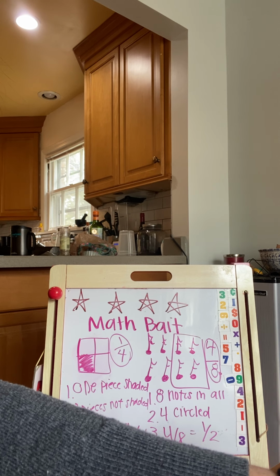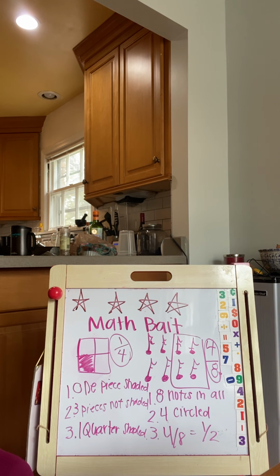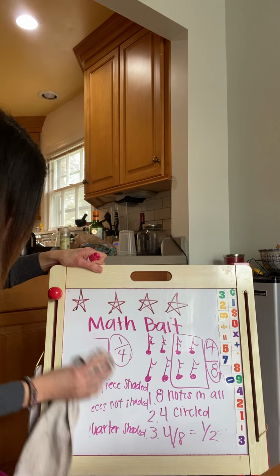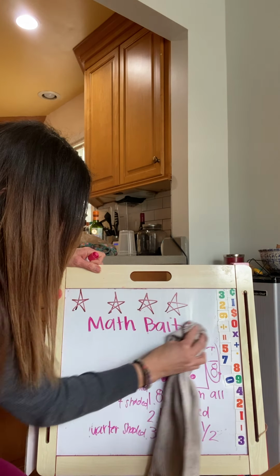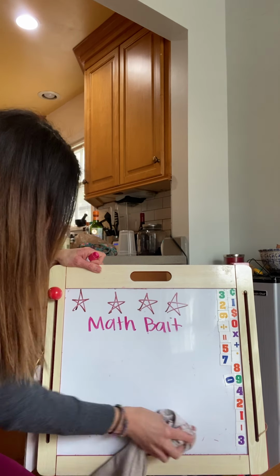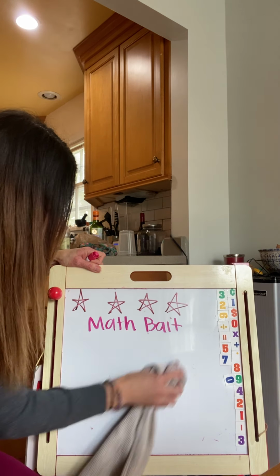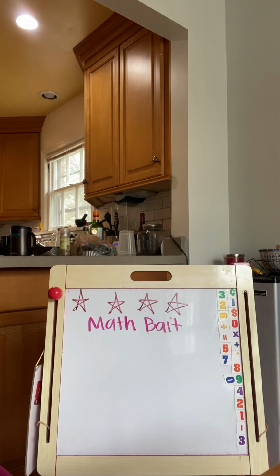Then you were supposed to compare those fractions and tell us what's the same and what's different about these fractions. So on your paper, you have squares that look like this, right?